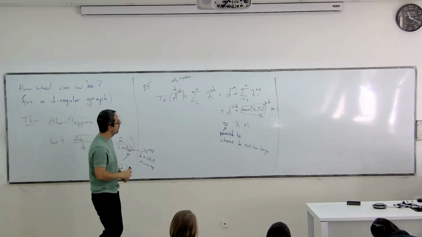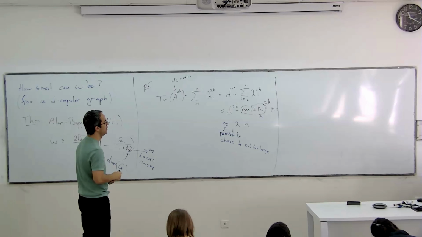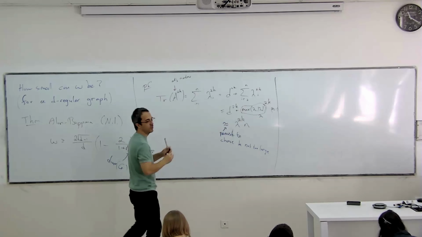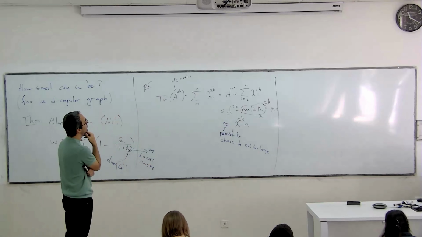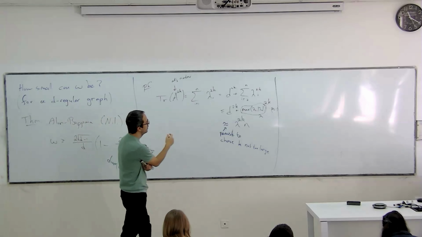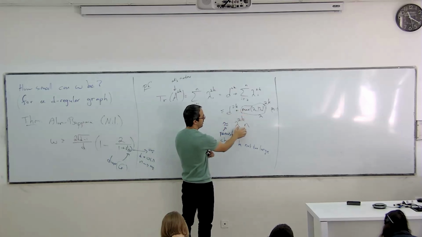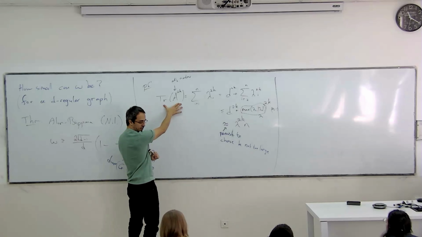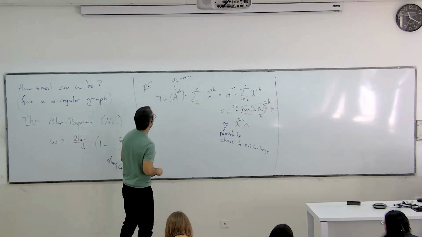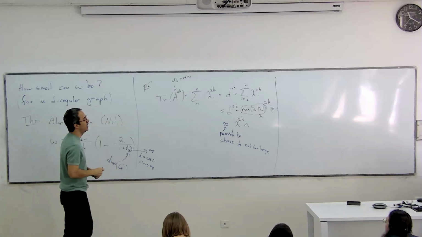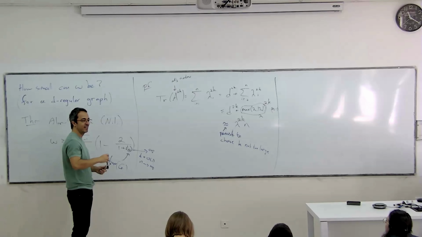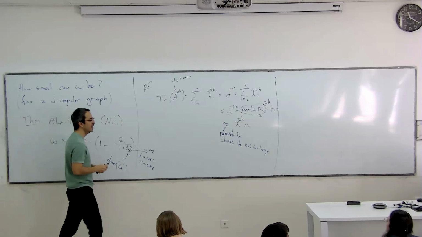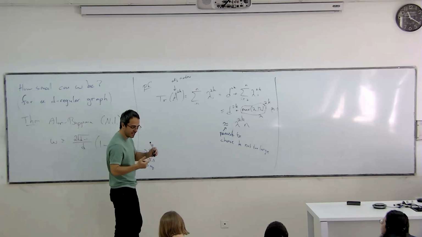Is lambda the max, the power of 2k? No, sorry. Lambda is just that. Okay, good. So, assuming that's fine, I just want to bound from below this expression. The trace of A to the 2k. What is it? It's the number of cycles.